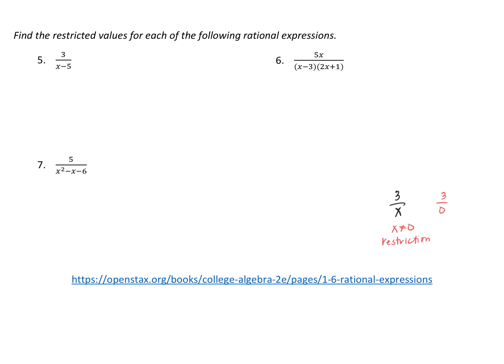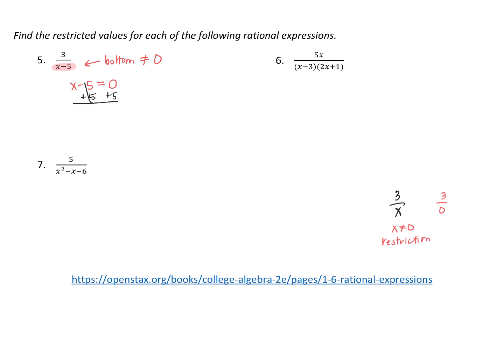So in a fraction, we don't want the bottom to be 0. So bottom cannot be 0. Your denominator cannot be 0. So what you want to do is you want to go ahead and actually set it equal to 0 and see what values would be a problem. So if I did that, I would solve this equation.